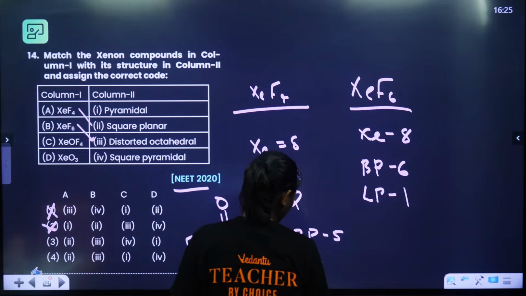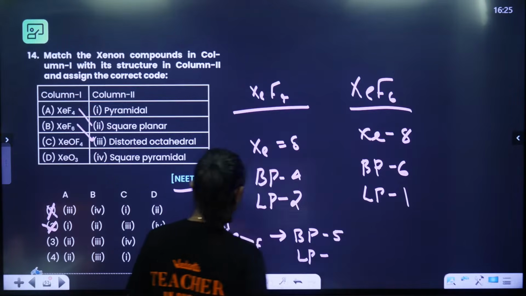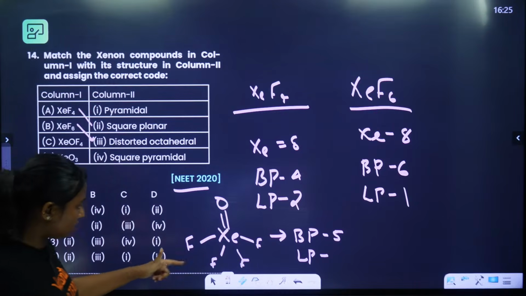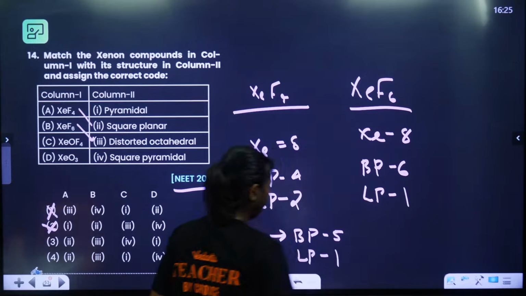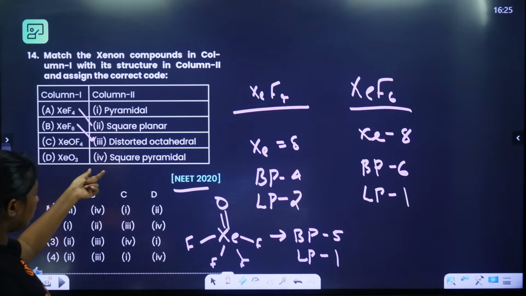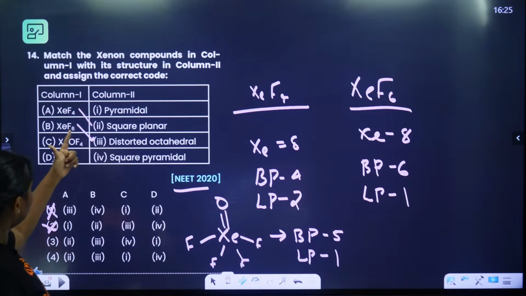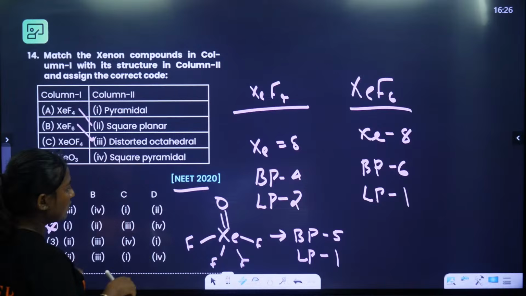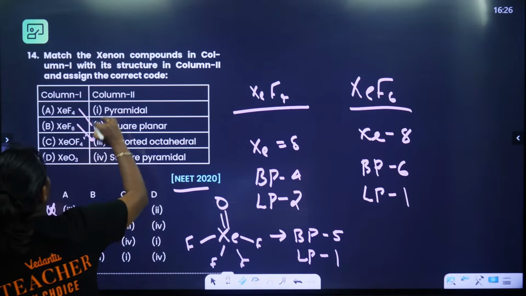Bond pair is 5 and when you consider lone pair, 1, 2, 3, 4, 5, 6. So 1 lone pair is there. So 6 means square pyramidal.